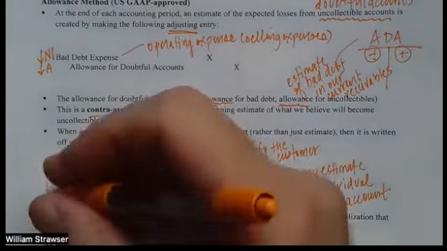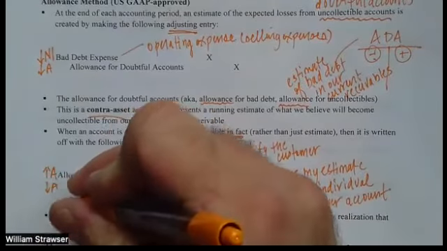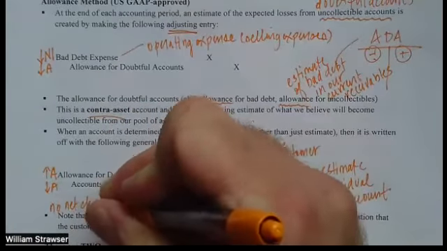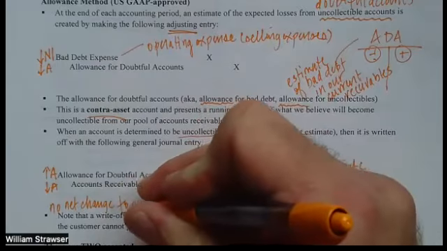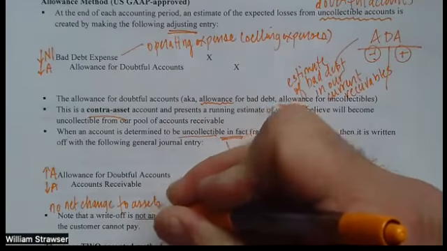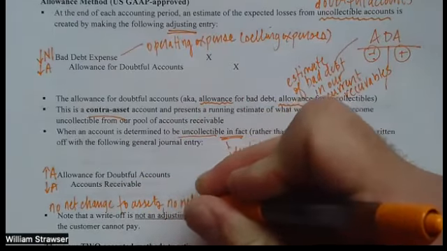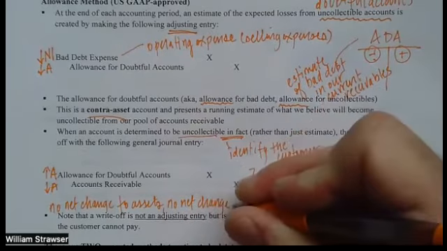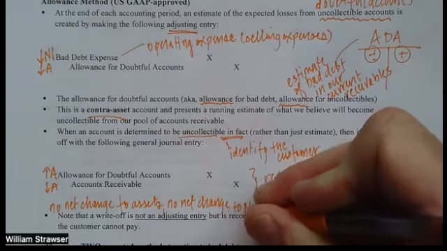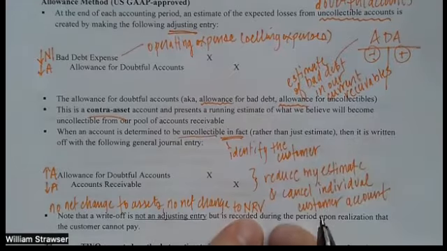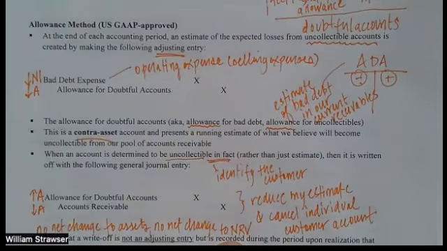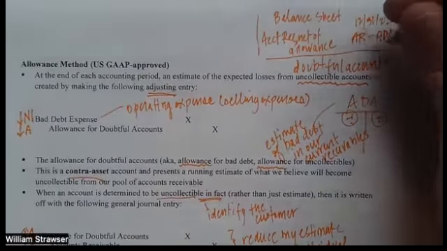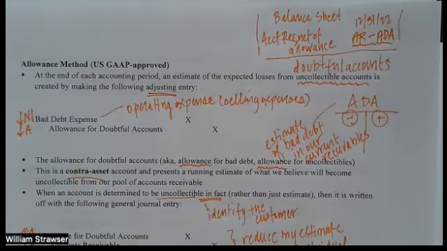So there's no net change to assets, and no net change to my NRV. Remember, NRV, net realizable value, is just this amount right here. It's the accounts receivable account less my ongoing estimate of what is doubtful.